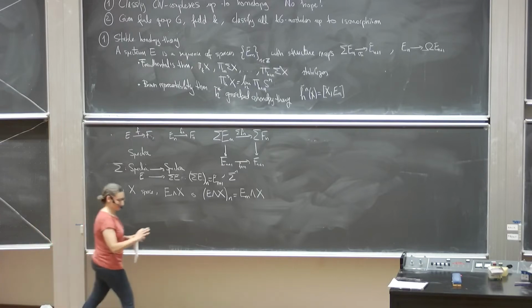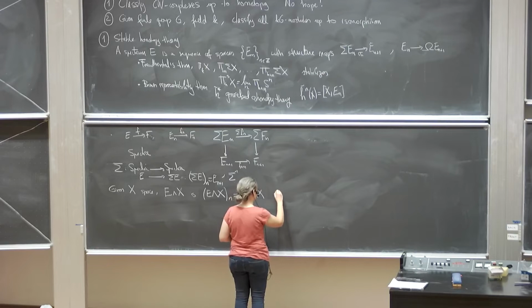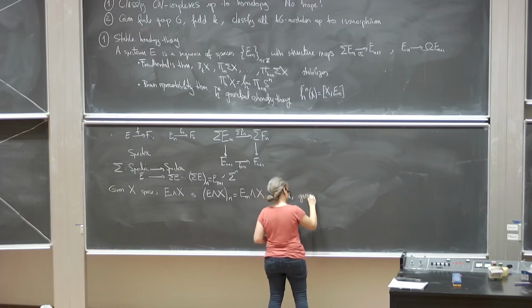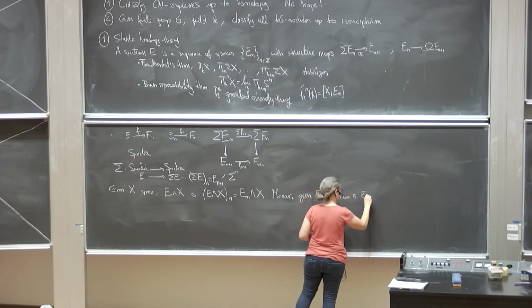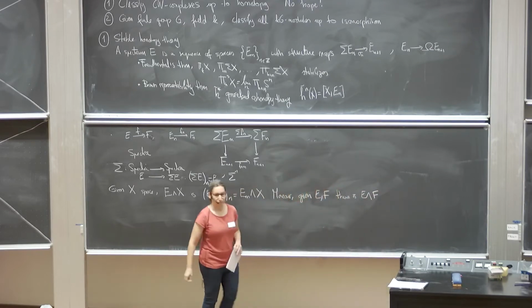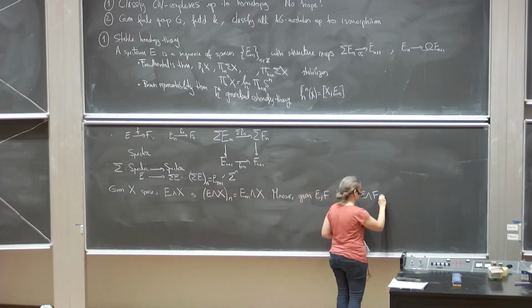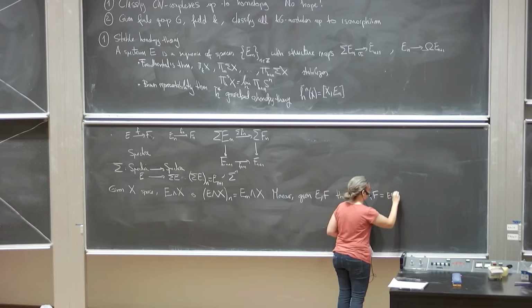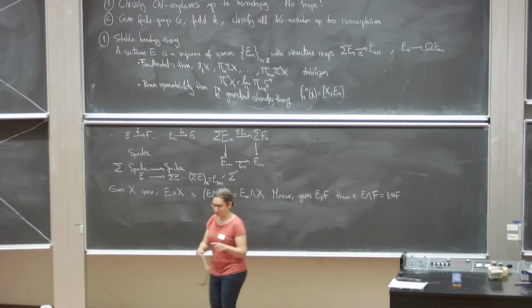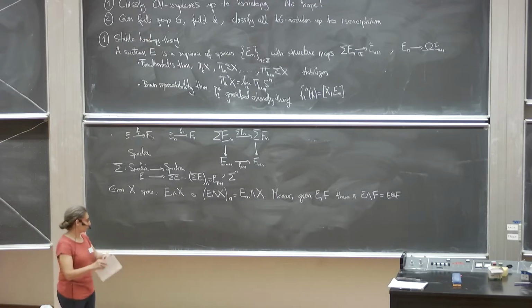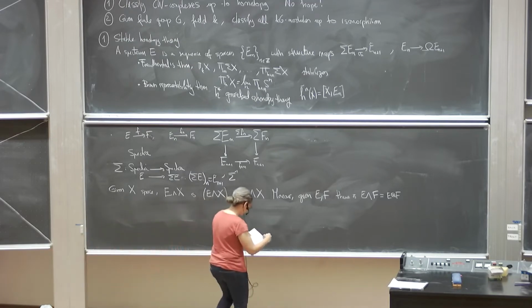But just believe me that you can, and given E and F, there is also the smash of two spectra. And I'm going to use this notation at some point. Because what you want is a nice smash product of two spectra, which gives you more structure on the category. It's going to give you a monoidal structure on the category of spectra. Yeah?